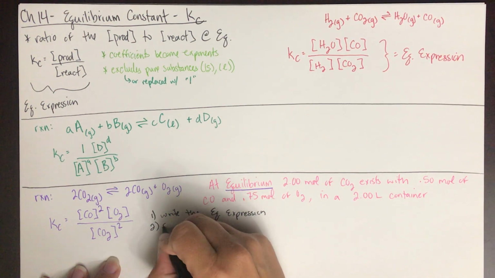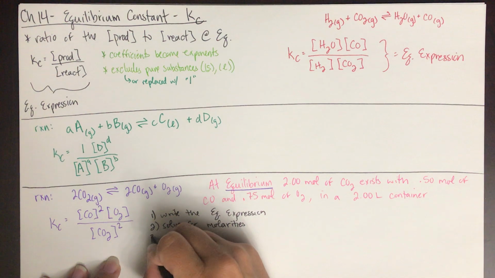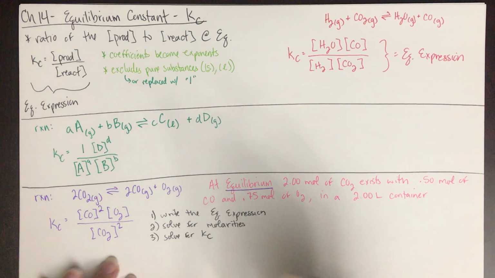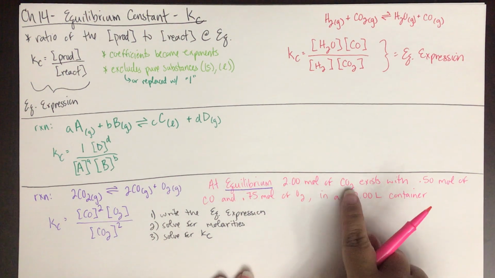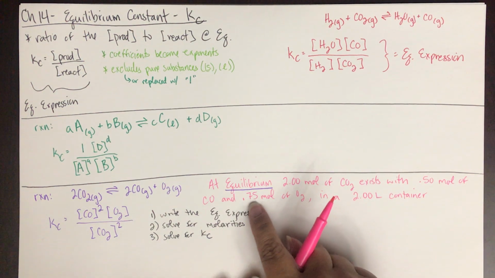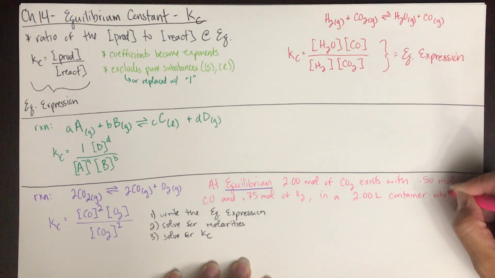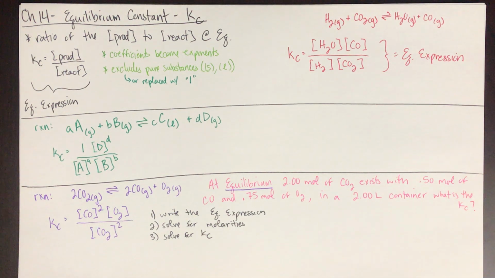Step 2, we would solve for the molarities. And step 3, we would solve for the Kc. I guess I didn't even ask that in the question. At equilibrium, 2.00 moles of carbon dioxide exists with 0.5 moles of carbon monoxide and 0.75 moles of oxygen in a 2-liter container. What is the Kc, or the equilibrium constant?